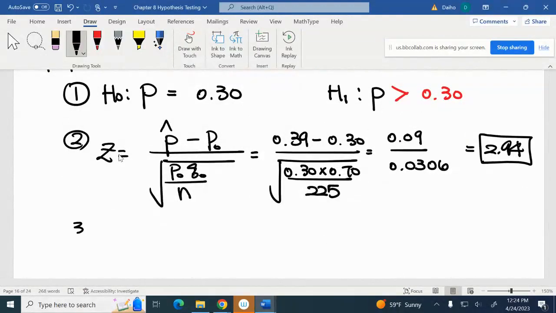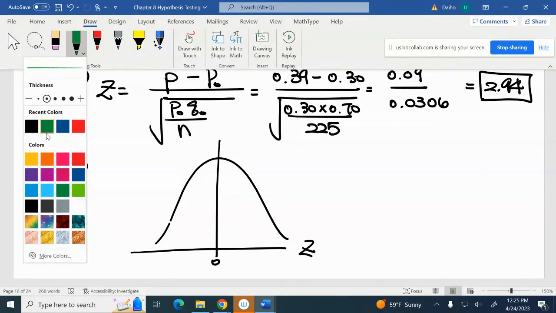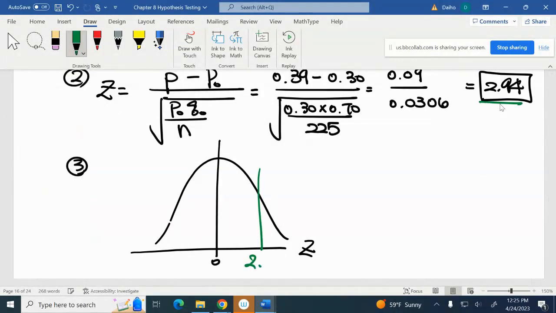Next, step 3. I need the p-value. I need the probability. Can I take the p-value from the t-table or the z-table? From the z-table. Why? We got the z-score. So please look at the z-table from the standard normal distribution, and the test statistic was 2.94.